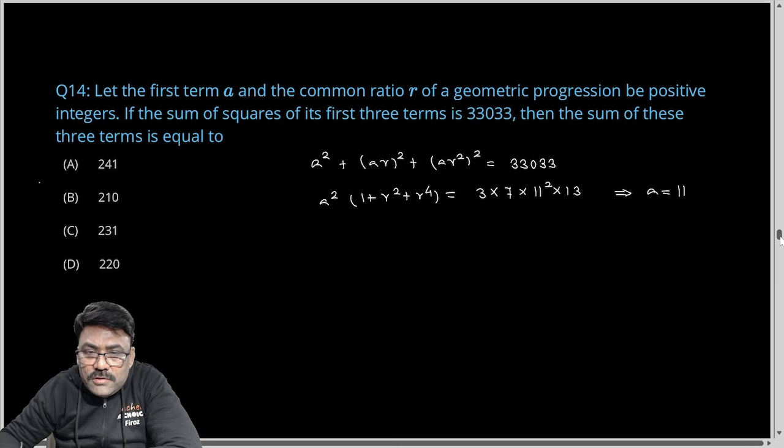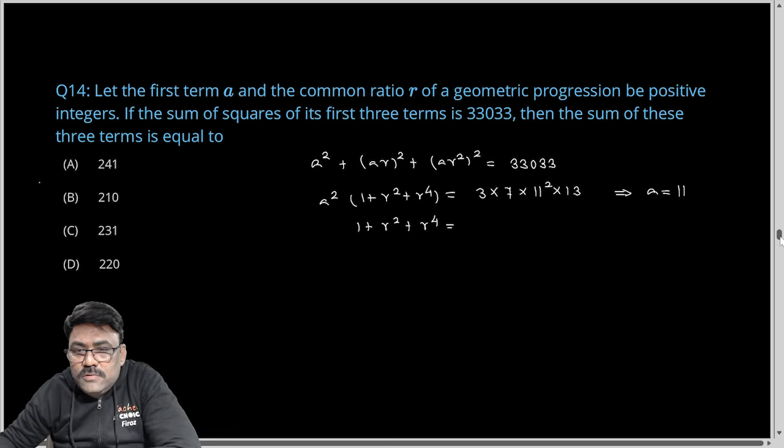Now when you put A as 11, the remaining equation is 1 plus R square plus R4 equal to 13 into 7, 91, 91 into 3, 273.